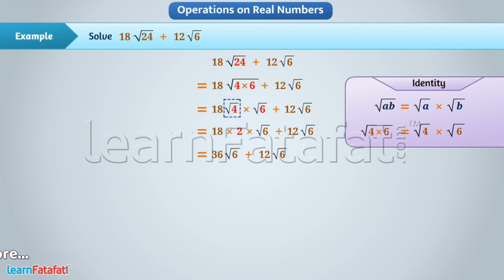The product of 18 and 2 is 36. Now you can see that in both terms, the numbers under radical sign are same, so we can add them. Taking root 6 common, we can write 36 plus 12 inside the brackets, and so we get answer root 6 multiplied by 48 or 48 root 6.